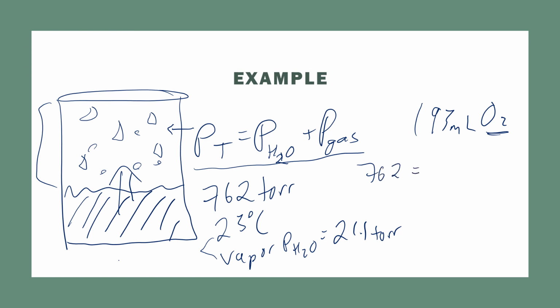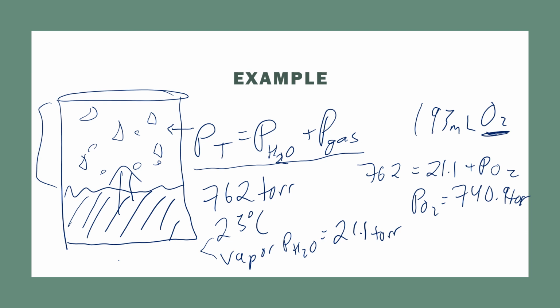The water vapor pressure is 21.1 torr. And so the other pressure must be the pressure of the oxygen gas. So you can just subtract to find the pressure of O2. And you get 740.9 torr for the pressure of just the oxygen gas.